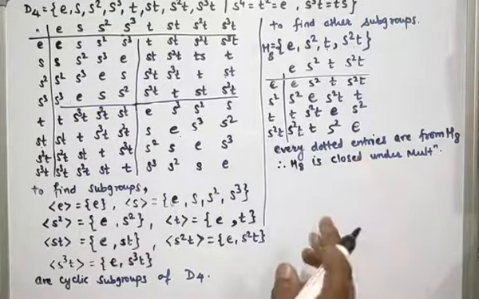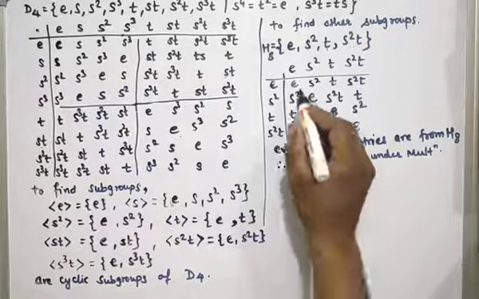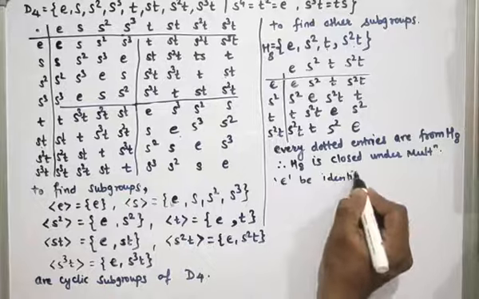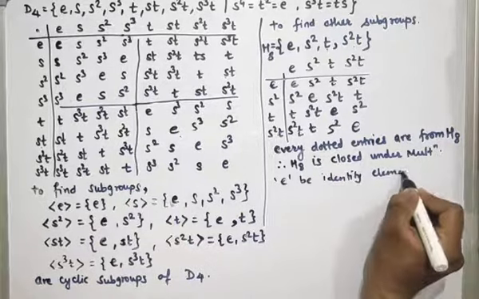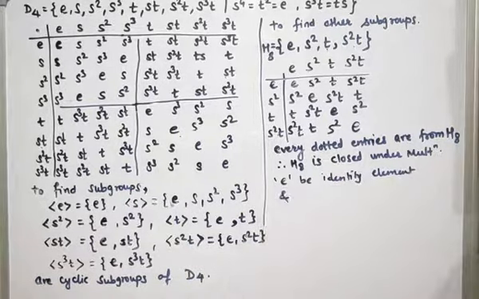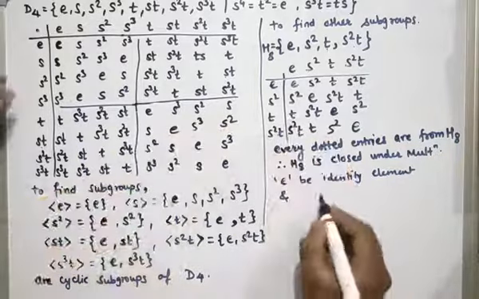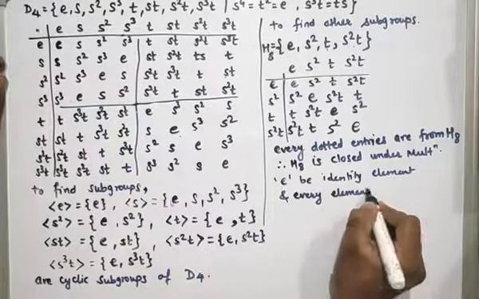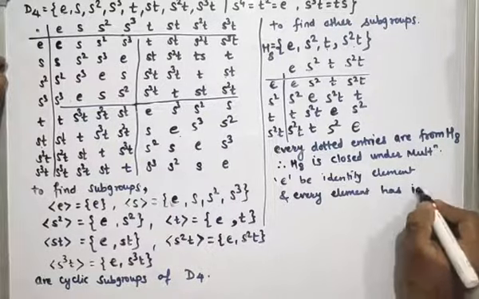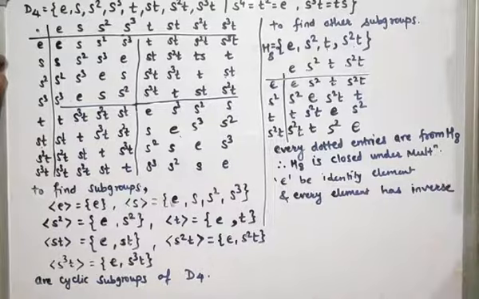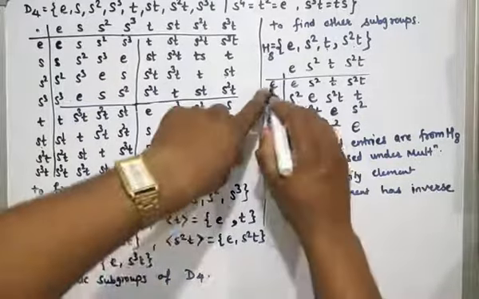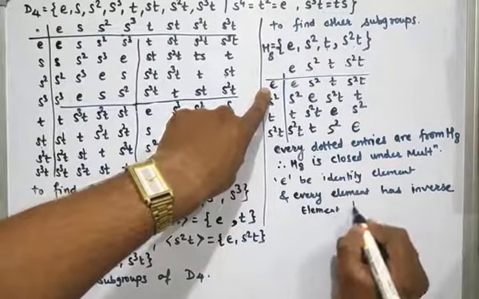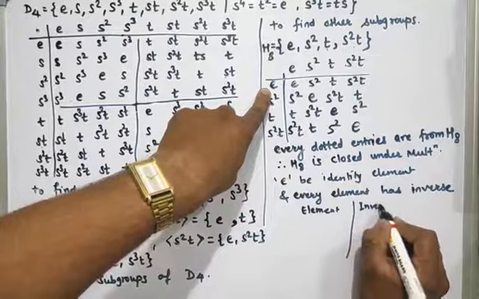Next, associative property always holds, right? Now existence of identity. So E is an identity element, and each element has an inverse. Every element has an inverse, because E has inverse E. Suppose here I write an element and we get its inverse.